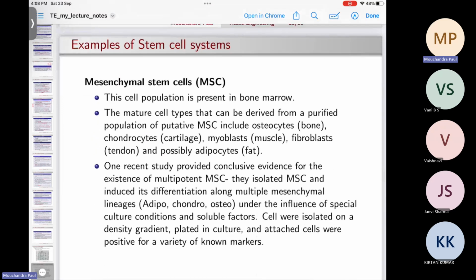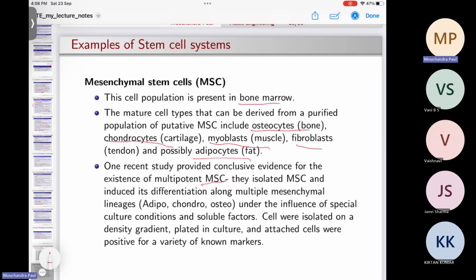So these cells are found in the bone marrow. They can differentiate to give osteocytes, means bone cells, chondrocytes, myoblasts, fibroblasts, adipocytes, etc. There was one recent study that conclusively gave evidence for the existence of these mesenchymal stem cells.